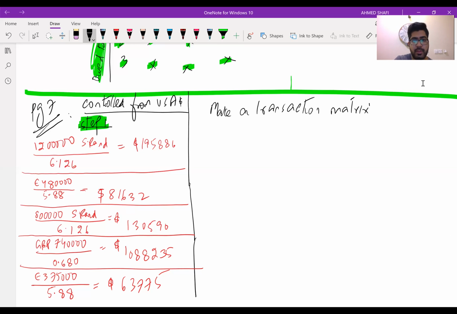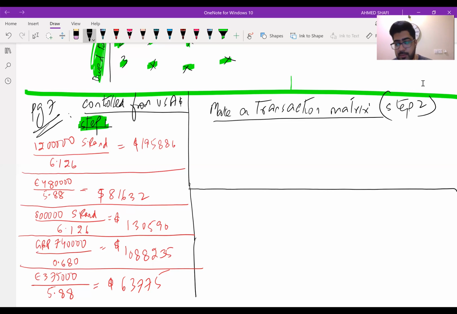Make a transaction matrix. Step 2. Now listen carefully, how do you make a transaction matrix? Okay. In transaction matrix, you will make a column called owed by. That is payable. Okay.